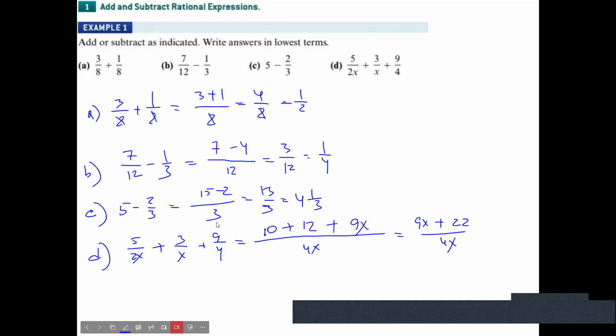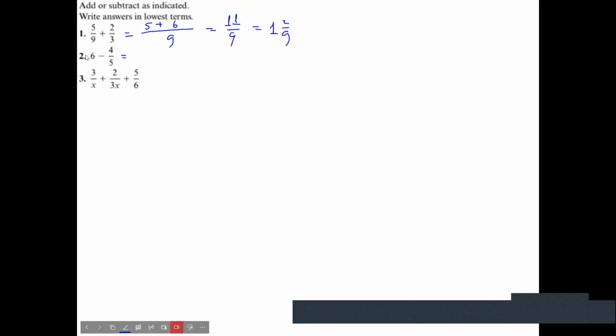Now the second one. I can play with fractions like I did here, but what I can say? I can say I have 6 full units of something and I take away 4/5 of 1 unit. So what I'm left with, 5 full units and 1/5.